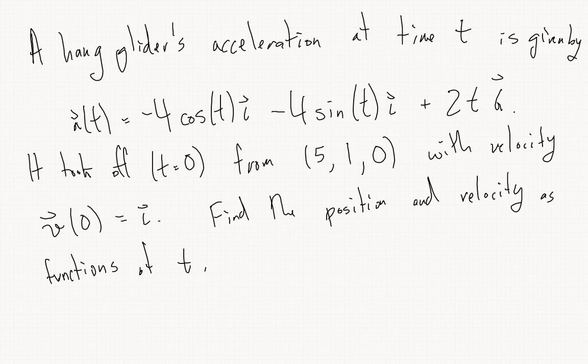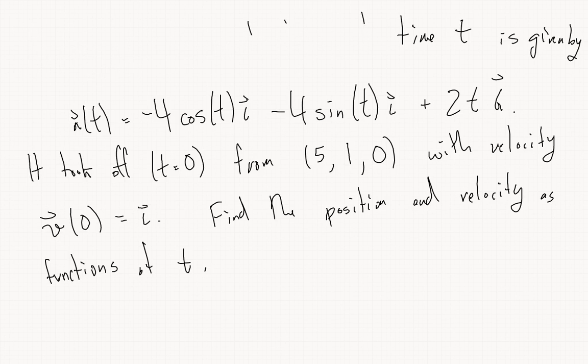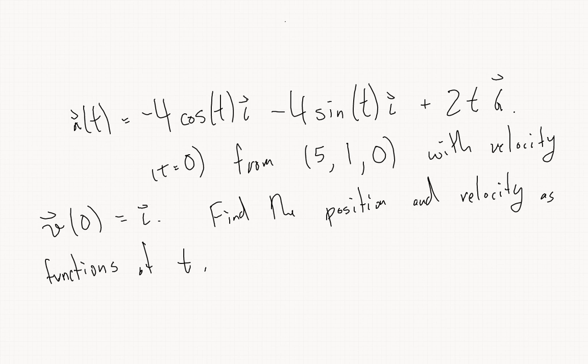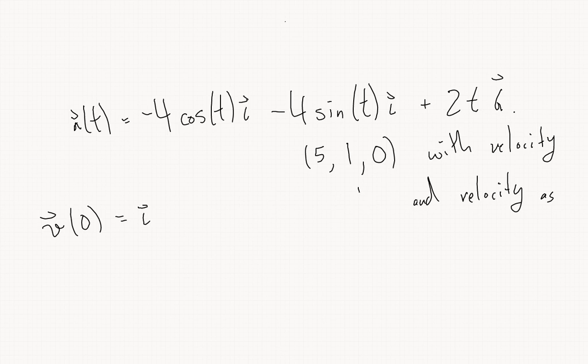So let me just erase the problem statement, but leave up the equation that we need. So make space. We have initial position (5, 1, 0) and initial velocity i. Our first step will be to integrate the acceleration function to get the velocity function.